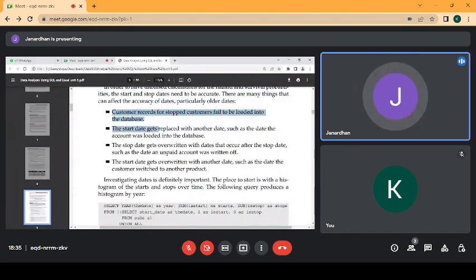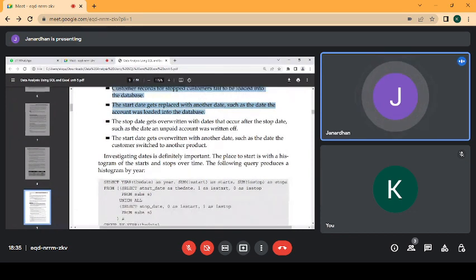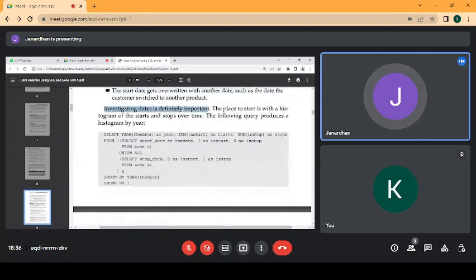The start date gets replaced with another date, such as the date the account was loaded into the database. The stop date gets overwritten with dates that occur after the stop date, such as the date an unpaid account was written off. The start date gets overwritten with another date, such as the date the customer switched to another product. Investigating dates is definitely important.